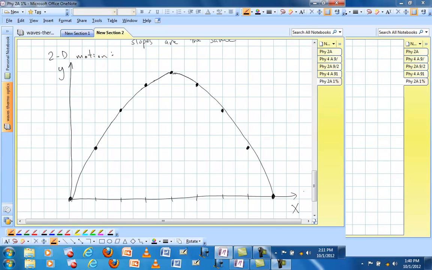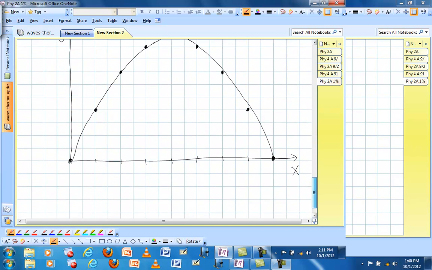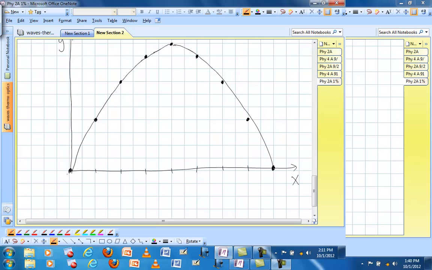Let's take a look at what's happening just in the x direction. The first dot, I guess I can number these: 1, 2, 3, 4, 5. Those time dots are spaced at equal time intervals like a motion diagram. So let's just look at the x motion. If we look at the projection of these dots, if there was a light shining down on these dots, where would their shadow end up being?